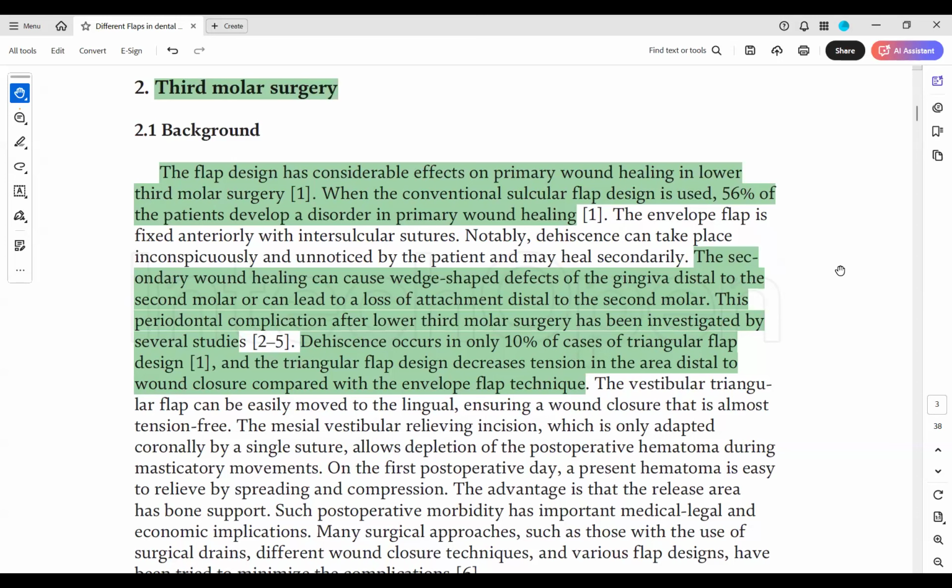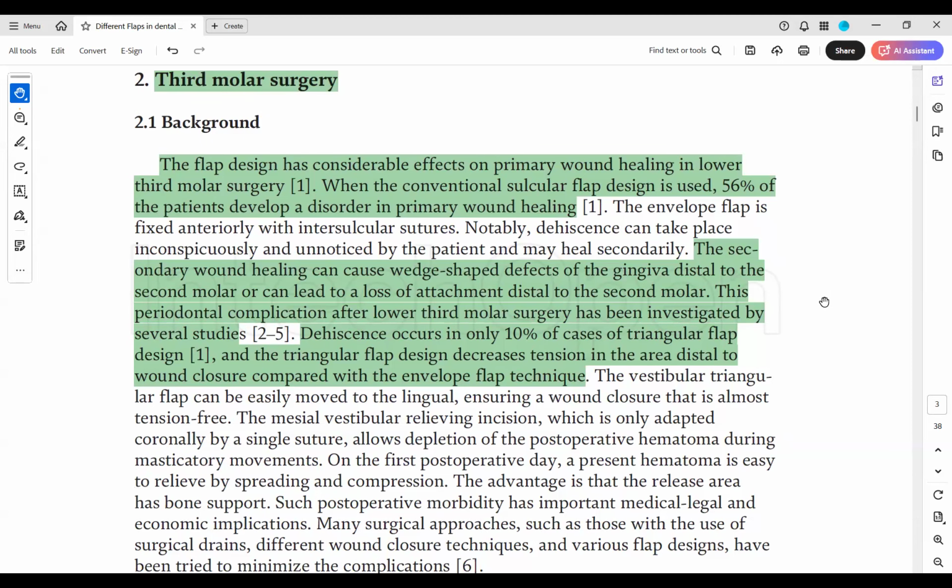There is no one straight answer; it depends on the patient's situation in the mouth. The surgeon may have to decide a different design type based on the anatomical landmarks as well. But there were certain studies conducted to reveal which flap gives the patient the maximum comfort and the most comfortable healing.